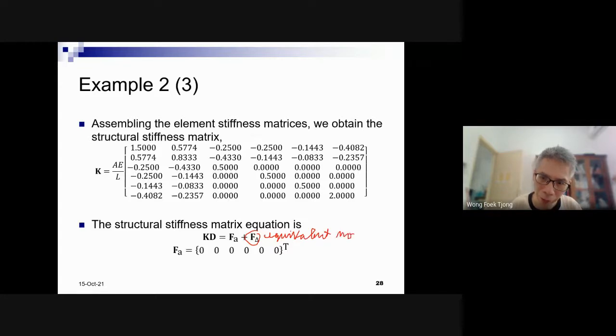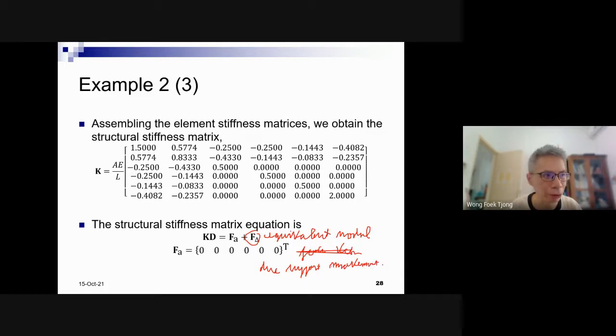Equivalent nodal force vector due to support movement or support settlement, like this.